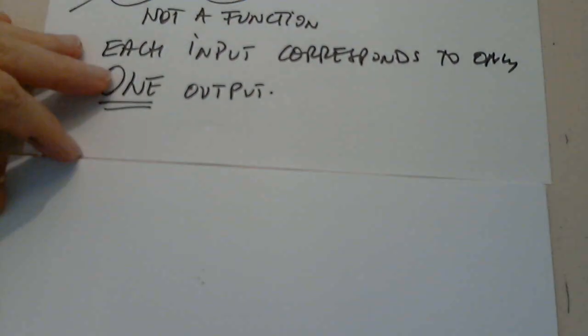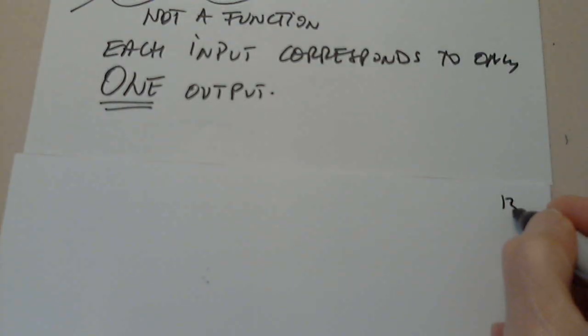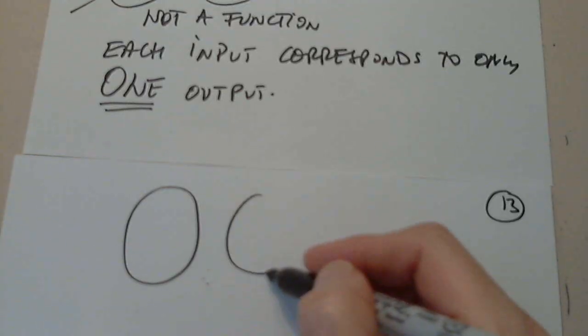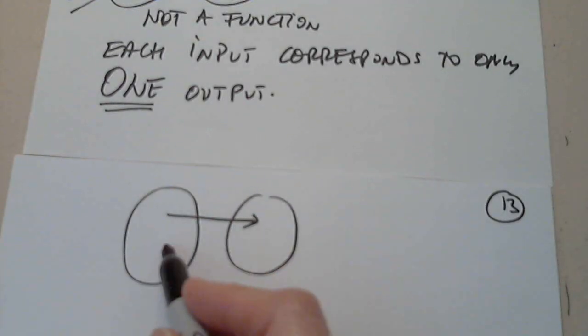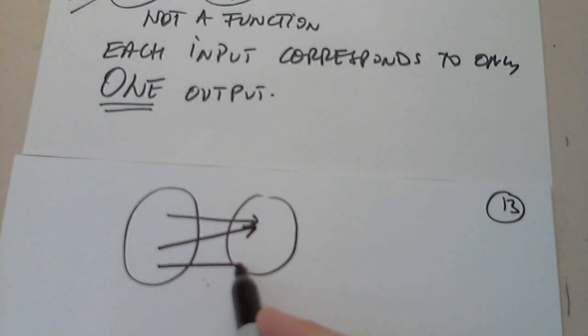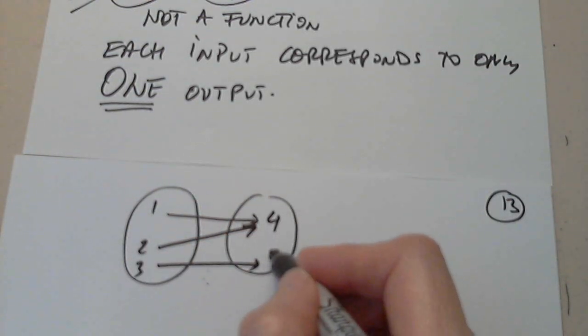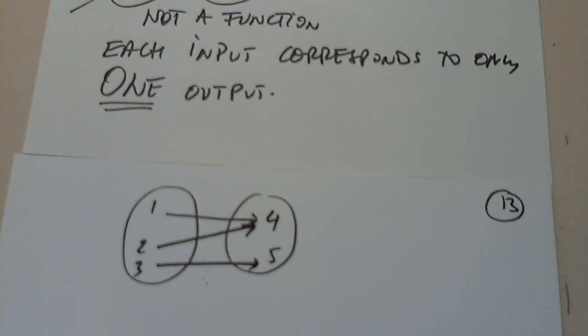Okay. Any questions? Please stop me. Now, let's look at the following. I just put some numbers, 1, 2, 3, 4, 5. Is this a function or a relation? It cannot be both.